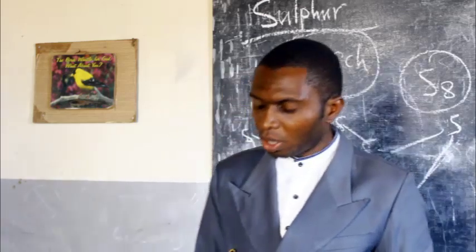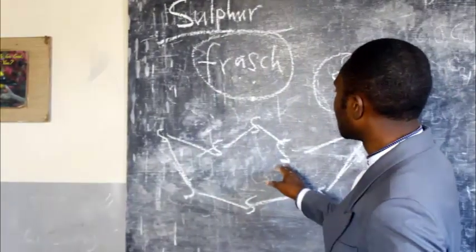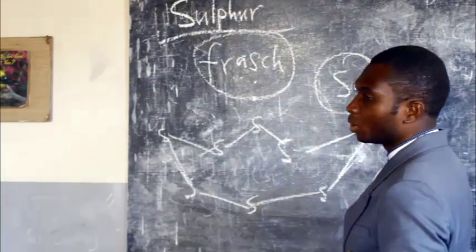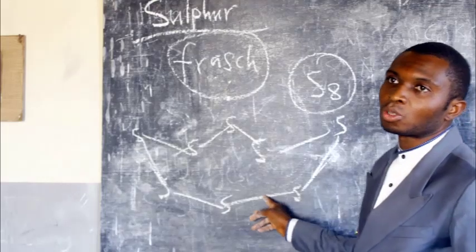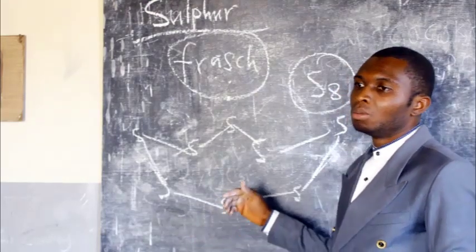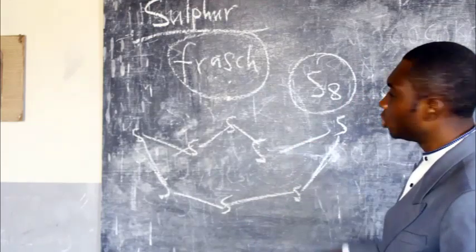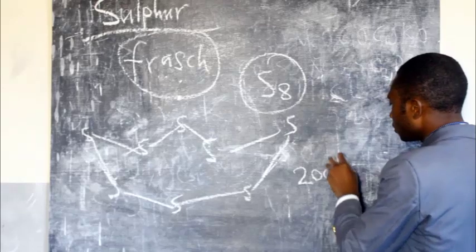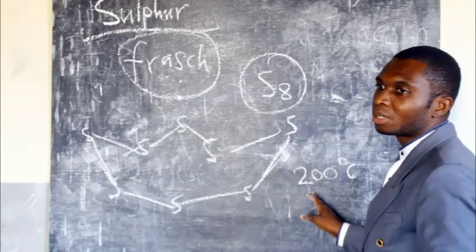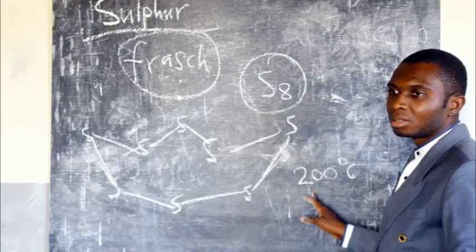But I want you to know one of the remarkable properties of sulfur. When you heat rhombic sulfur to form monoclinic sulfur, when you get to 200 degrees Celsius, it attains the highest form of viscosity. It becomes very thick again.